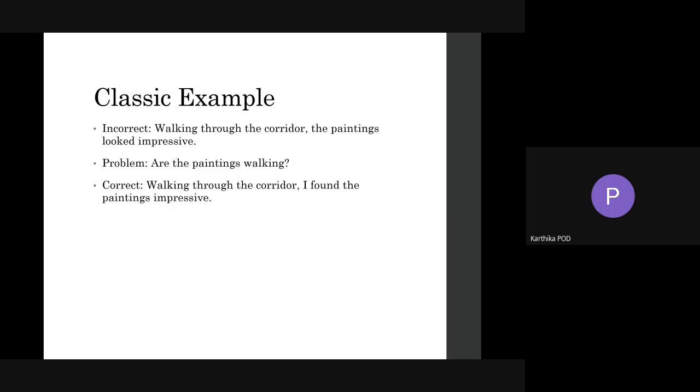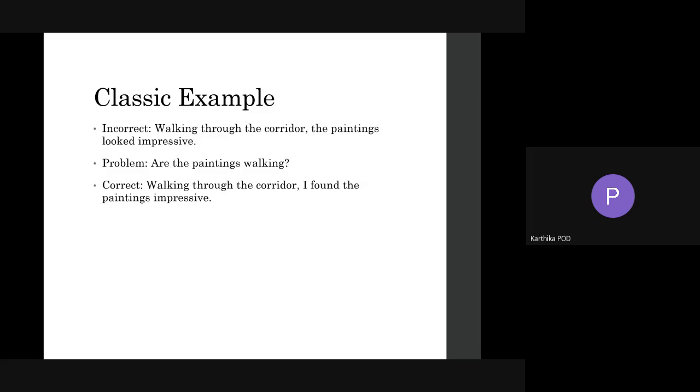A classic example will be: walking through the corridor, the paintings looked impressive. So the question is, are the paintings walking? No, ma'am. This happens when you try to compress the sentence, and in the process, you eliminate the subject, right?